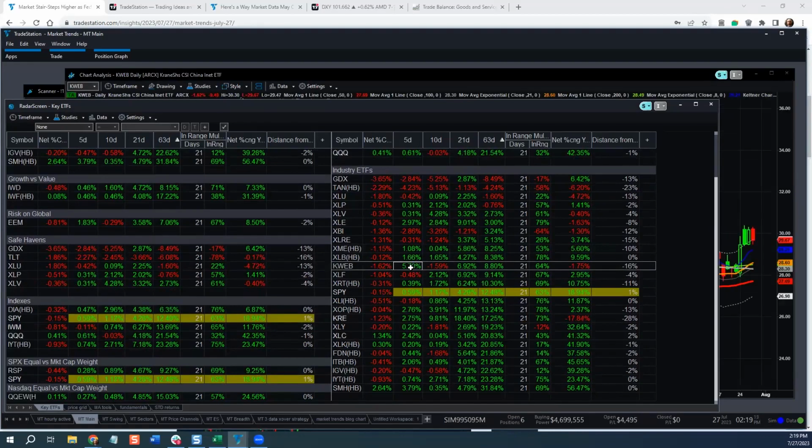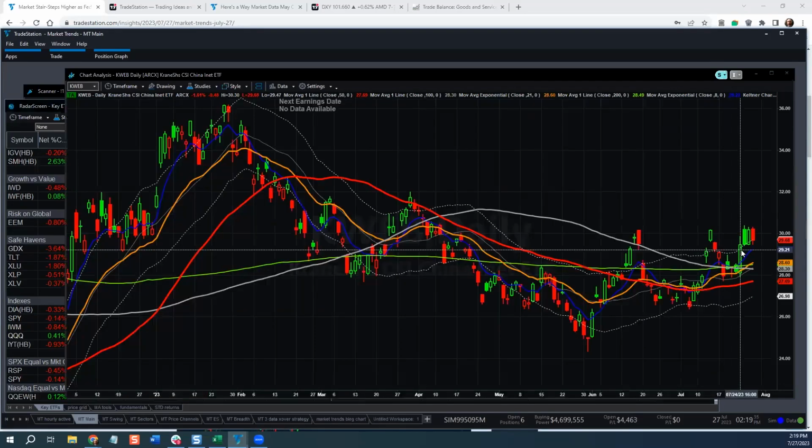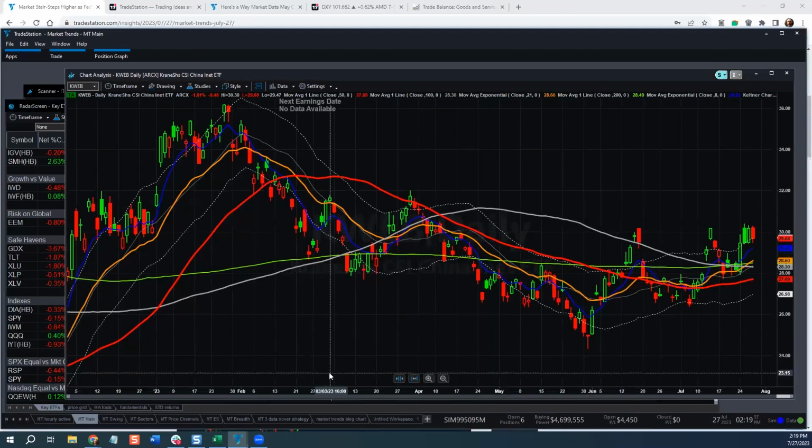The thing I like about this view is you can see this is up 9% in the last 3 months, but 6 percentage points of that 9, 2/3 of that gain, happened in the last week. So it shows you it's just starting to gain traction since China made those statements.